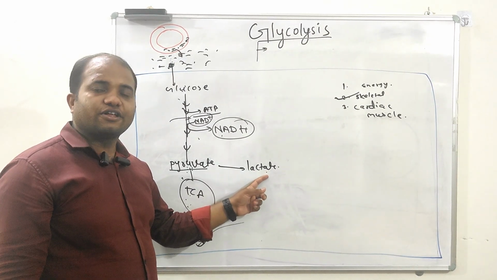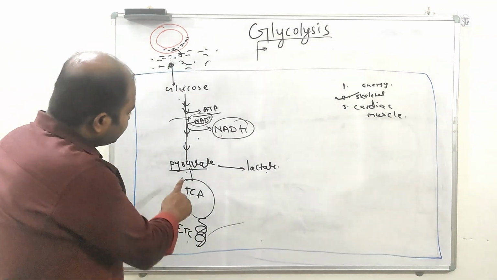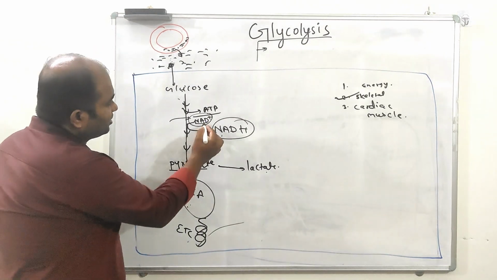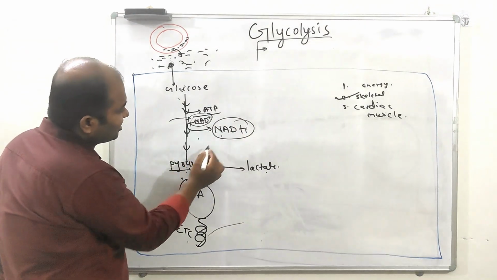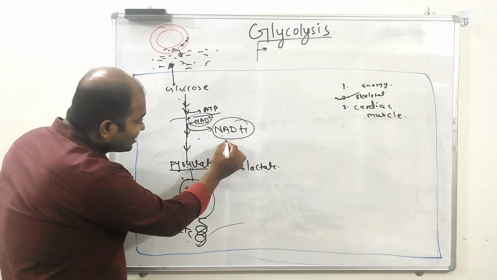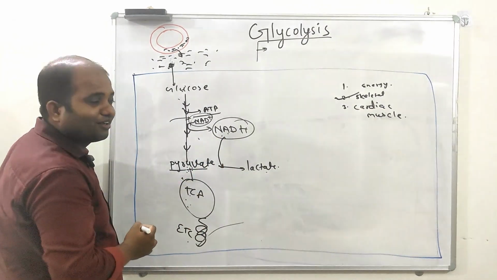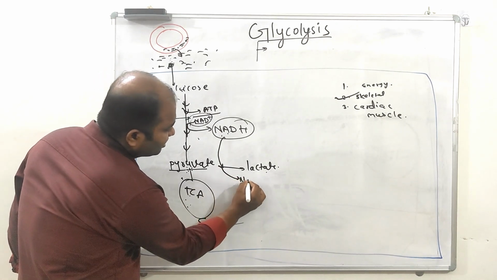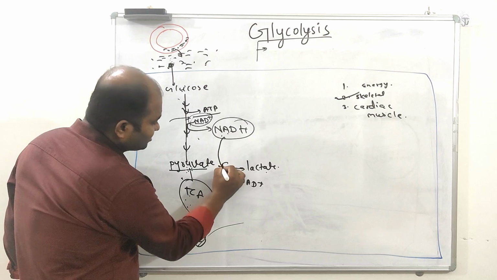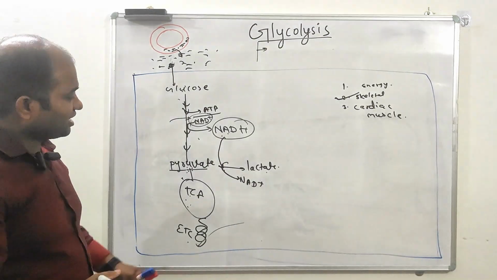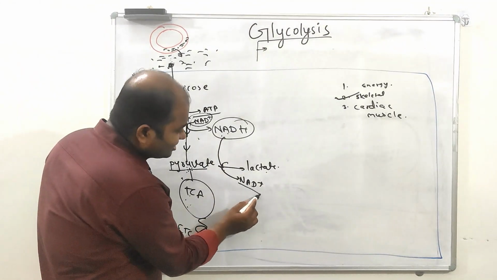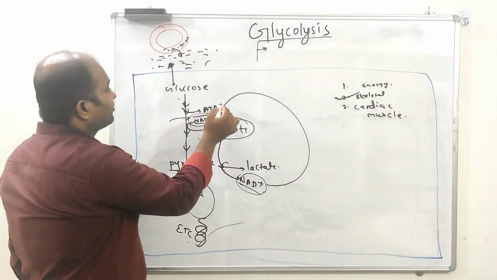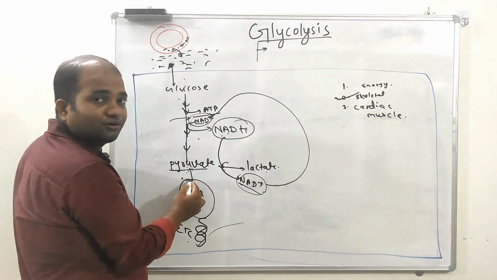The major reason is that once pyruvate is converted into lactate, NADH, which was already produced during this cycle, is utilized here. That means NADH will convert into NAD plus, and this NAD plus again goes back and allows glucose to be converted again in this way.